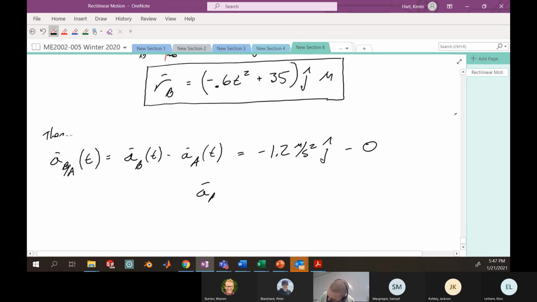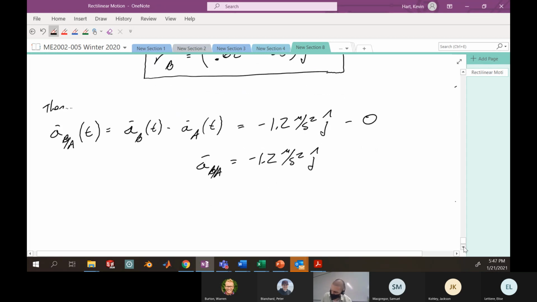So the acceleration of B relative to A here is negative 1.2 meters per second squared j. And if we're trying to solve the problem and find the acceleration of B relative to A at time t equals 5 seconds, which is what we're after, well, t does not appear in this equation. So it is valid for all time.